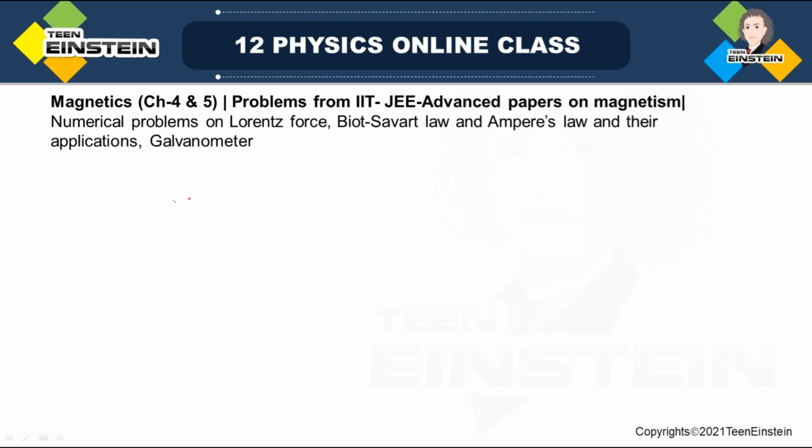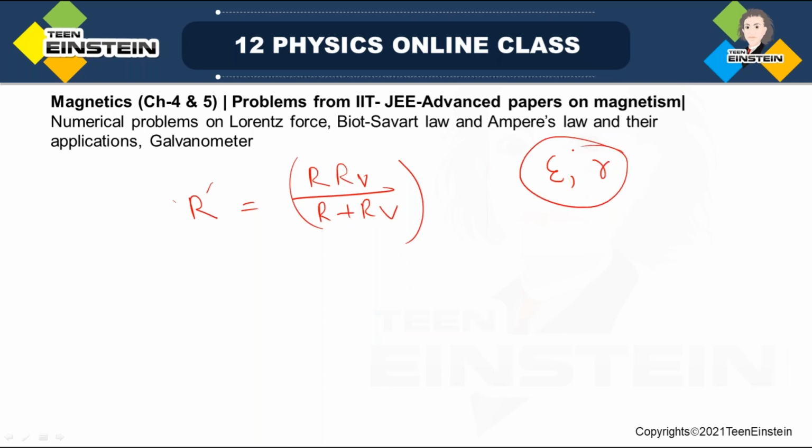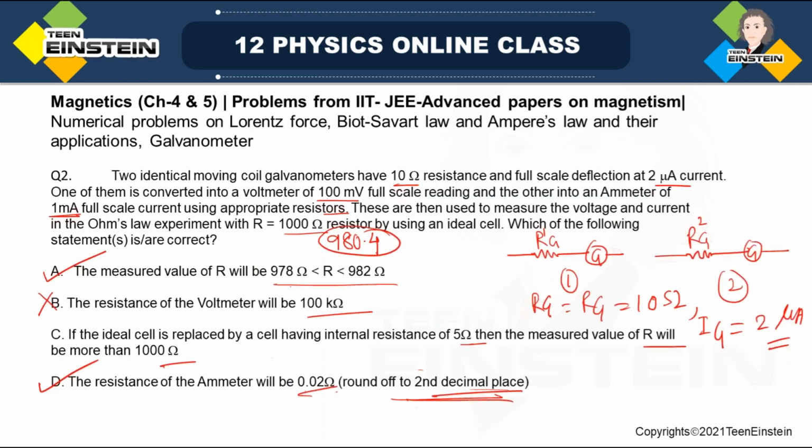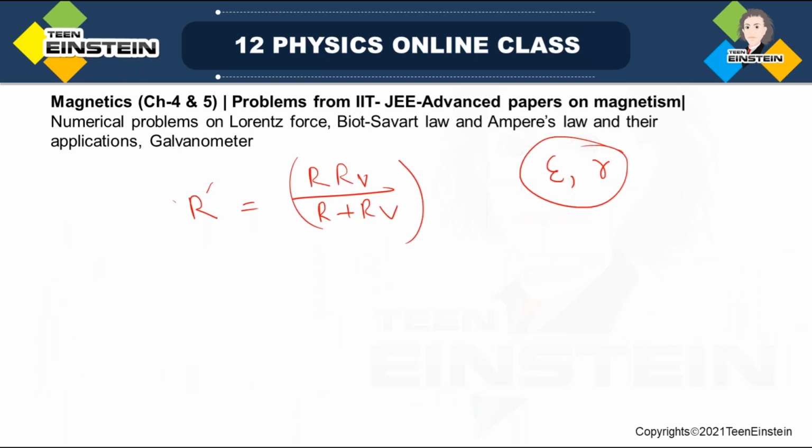See, we have calculated R prime as R times RV divided by R plus RV. I hope you remember this. So in this, neither EMF nor internal resistance is involved.